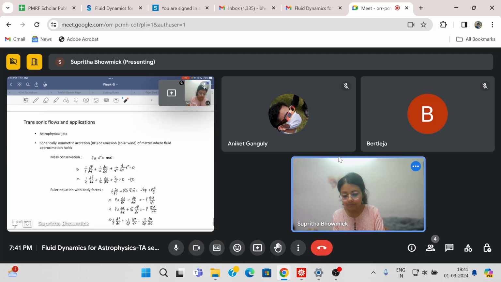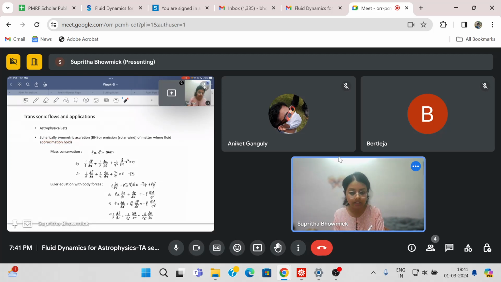Another situation was discussed in significant detail, which was the spherically symmetric accretion or emission of matter around an object. An example of accretion would be a black hole, or emission would be that of solar wind. But just know that we are talking about spherically symmetric accretion, for which we use the fluid approximation.